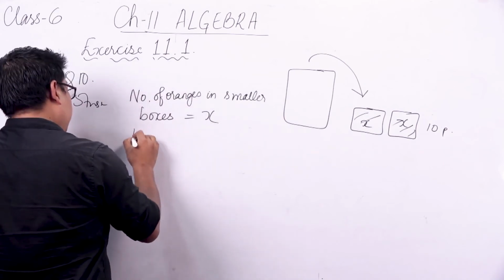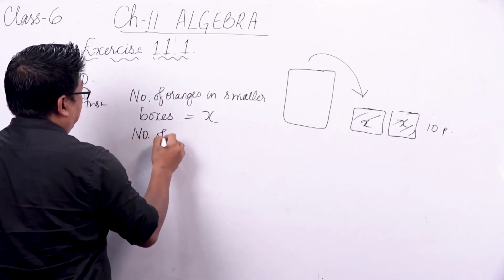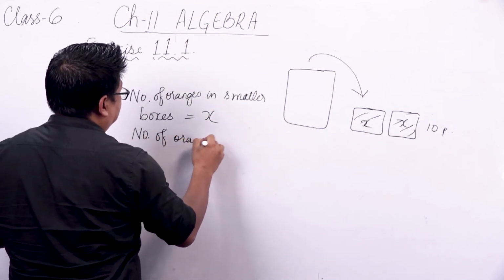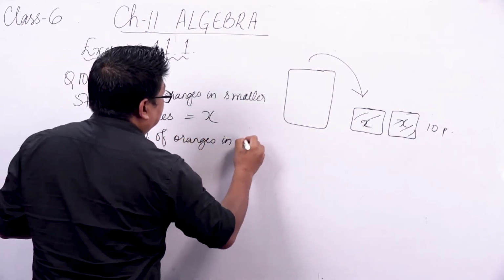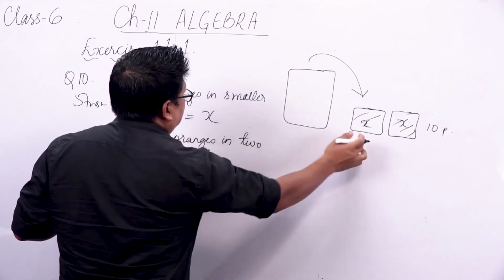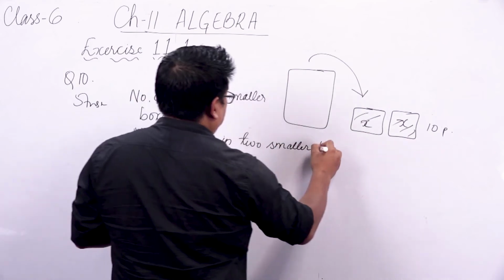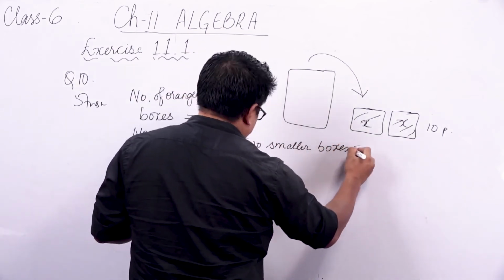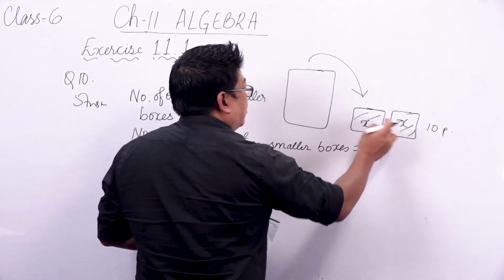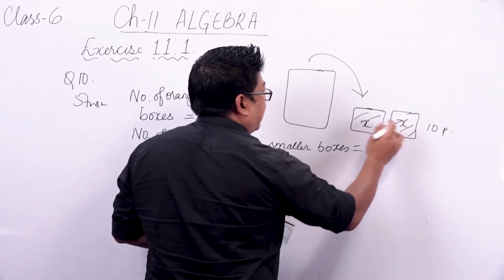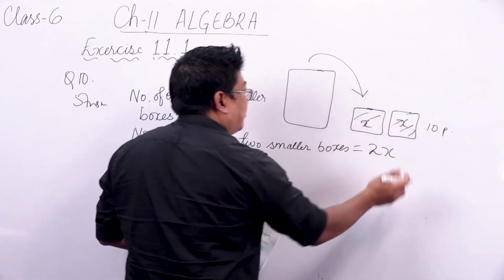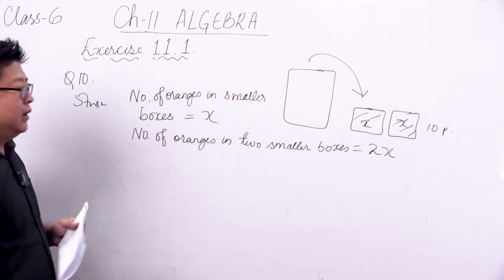So we will write number of oranges in 2 smaller boxes. For 2 smaller boxes, the number of oranges becomes 2 times X. So I will write 2 times X. Okay?